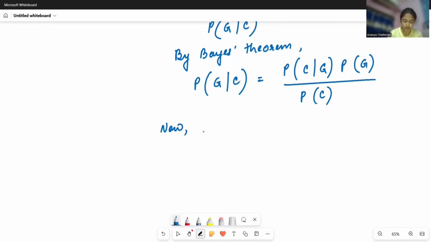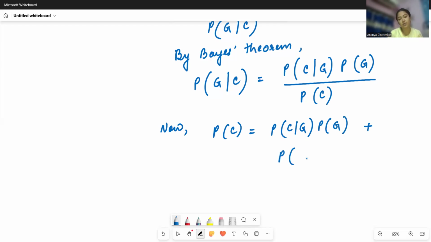Now, probability of getting a correct answer is equal to probability of getting a correct answer given it is a guess times probability of a guess, plus the probability of getting a correct answer given it works out times probability it works out. Okay.